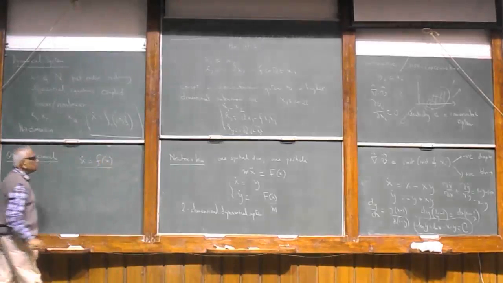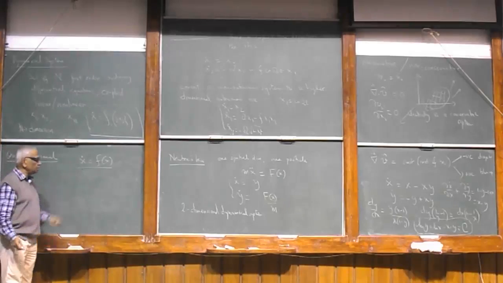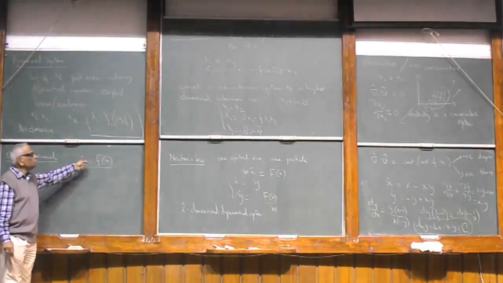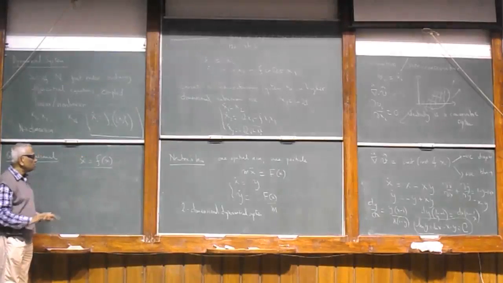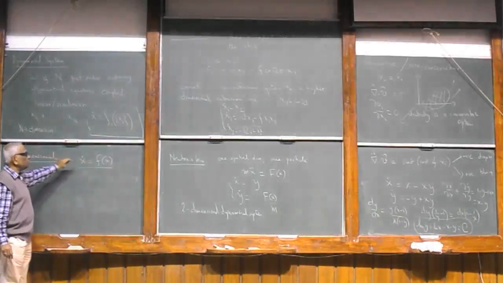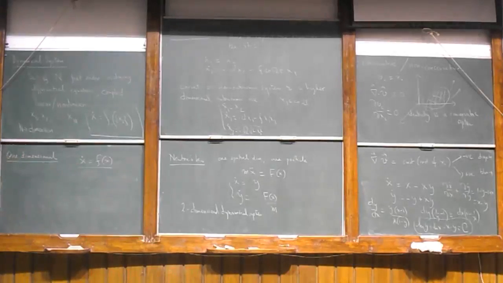So that's one variable, autonomous system, x dot is equal to f of x, and I give you f of x, you give me x, can always be done. At the worst you have to do it numerically, but it can always be done. On the other hand, it's a good thing to set all the definitions and techniques going. So we are going to do the one-dimensional case as thoroughly as possible. So x dot equal to f of x.